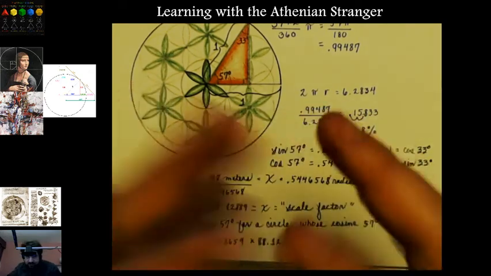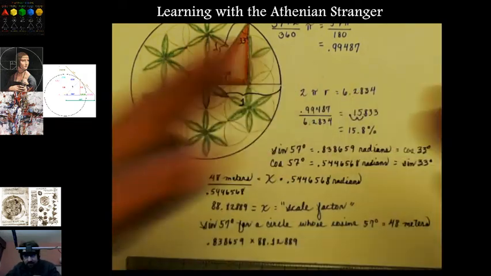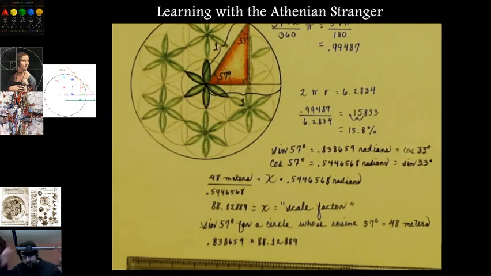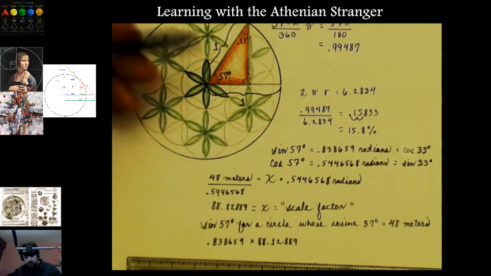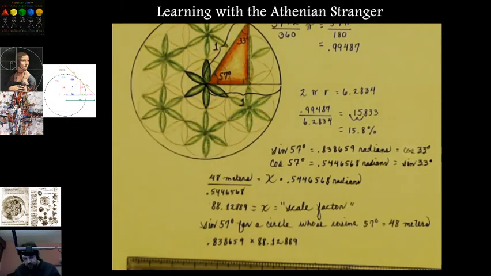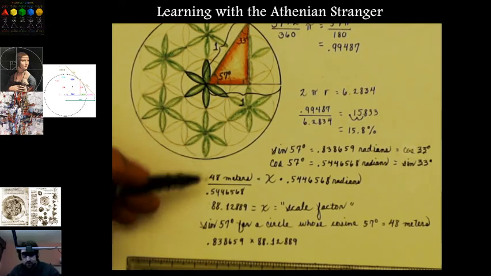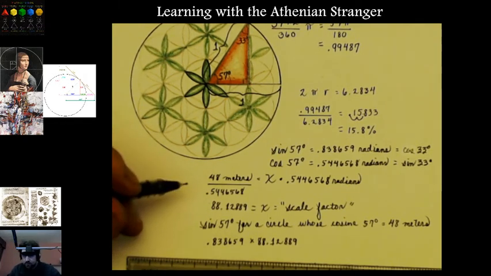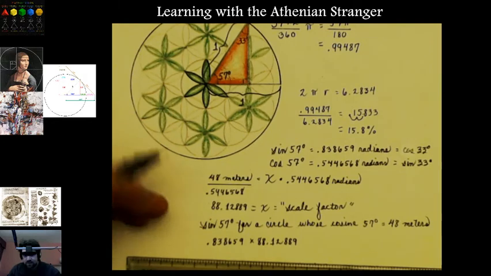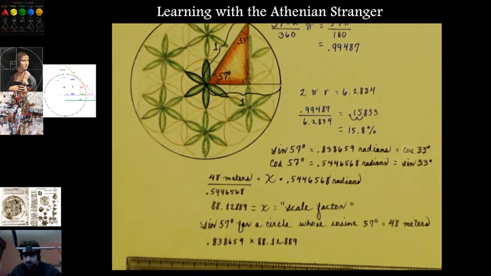Because I'm scaling up from the unit circle to the circle where the cosine distance isn't 0.5446568 radians, but it's 48 meters. And that scale factor was 88. That's kind of like the conversion between radians in a unit circle of radius 1 and a real world situation where I'm standing 48 meters away from a wall.